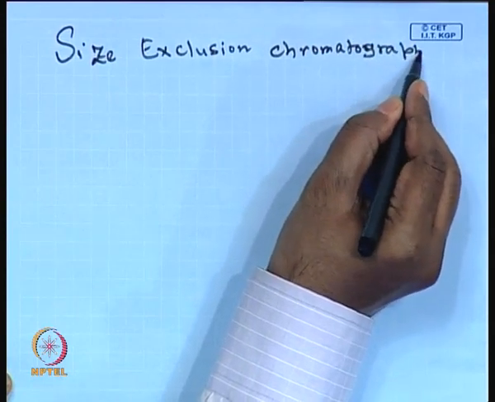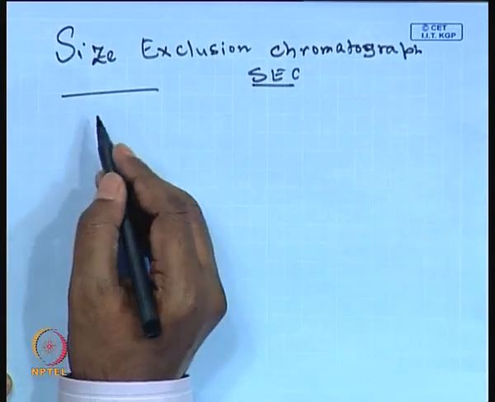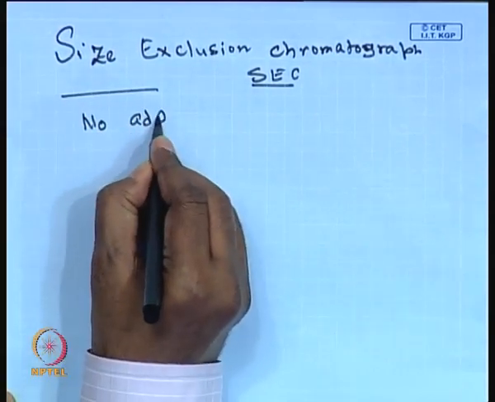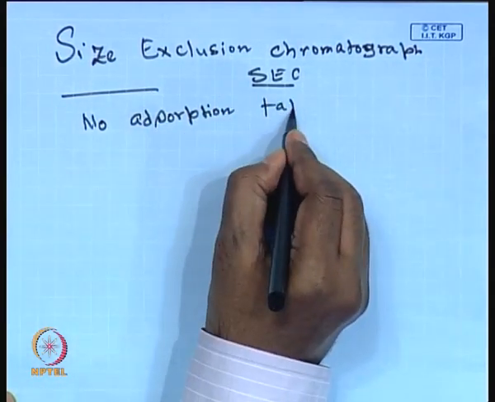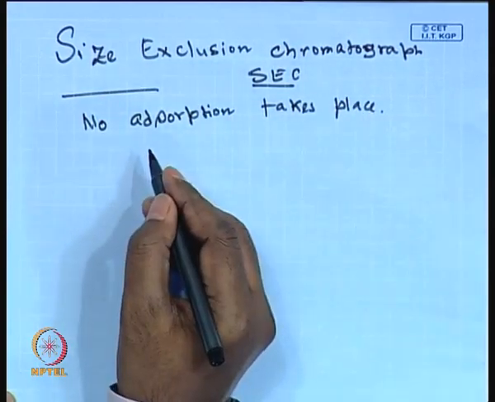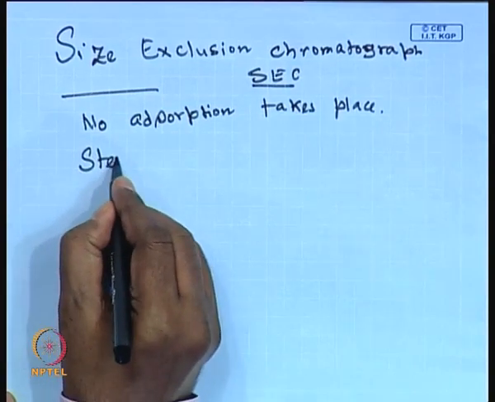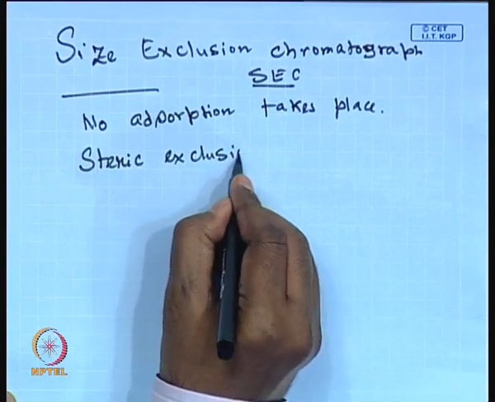This is often known as SEC. Now, in this case no adsorption takes place. Steric exclusion of the solute plays the most important role. What is steric exclusion? It is nothing but the size exclusion.